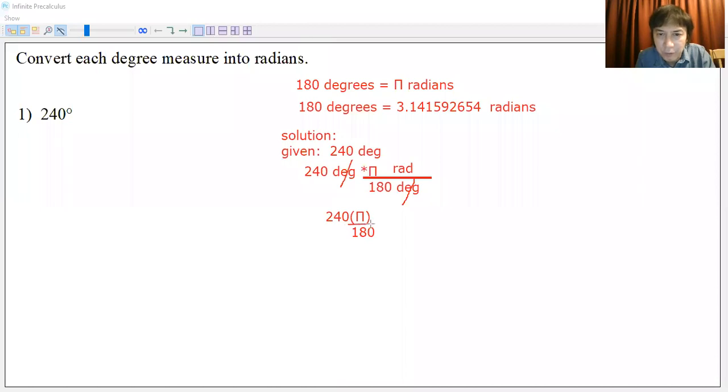Since we canceled the degrees and degrees, this is now in radians, so the unit is already in radians.